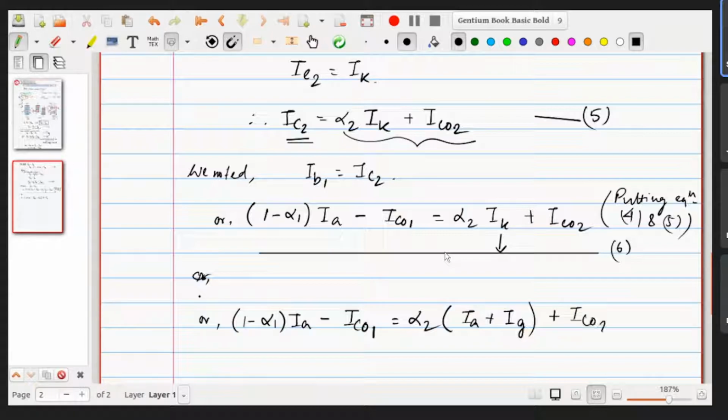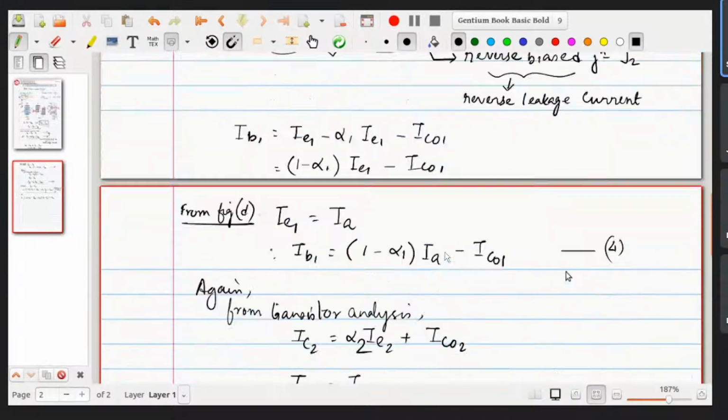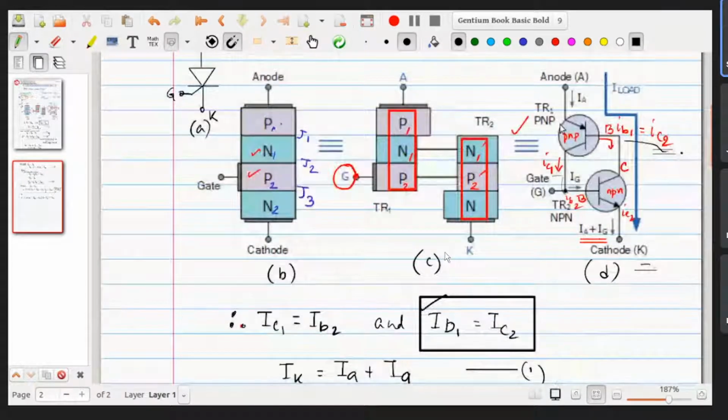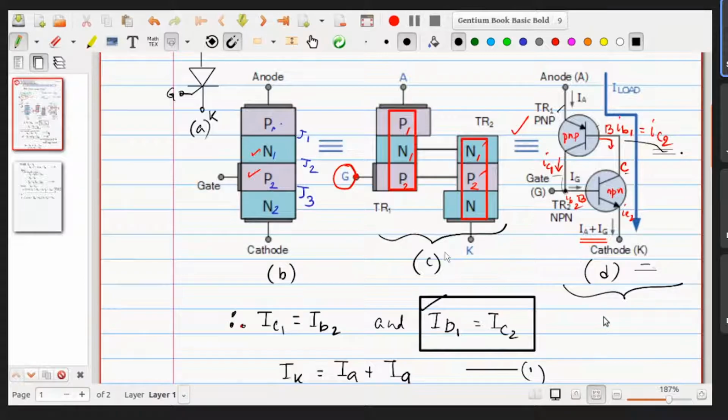plus ICO2. See, our target is that we are not going to write any equation which takes care of the intermediate currents. That is the emitter current, base current, collector current, again the base current, collector current, emitter current, because this is the model that we are trying to imagine. Figure number C and figure number D are our imagination, and figure number A is the reality, where we have the actual symbolic representation of how things are working.